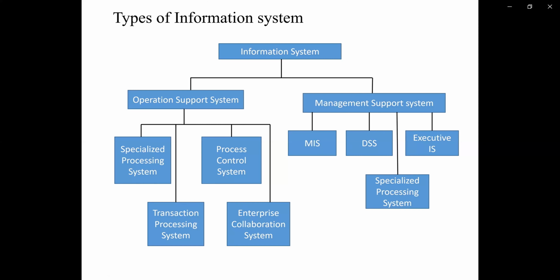These are both types, operational support system and management support system. Operations are performed on an information system by the operational support system, and the management support system is useful for taking decisions.